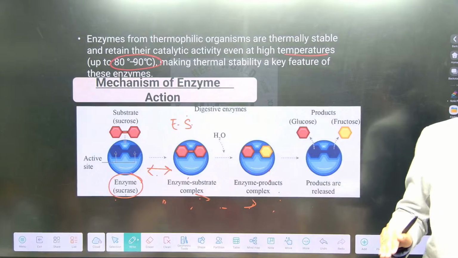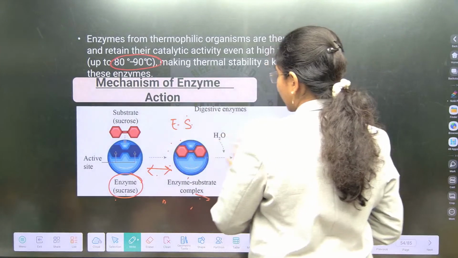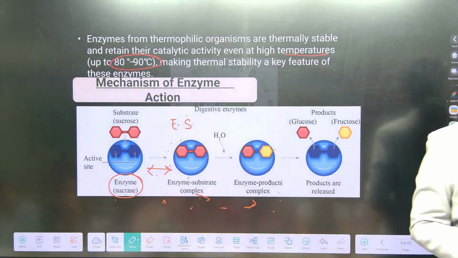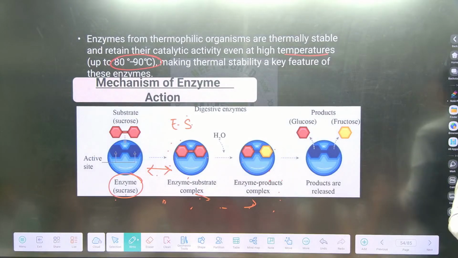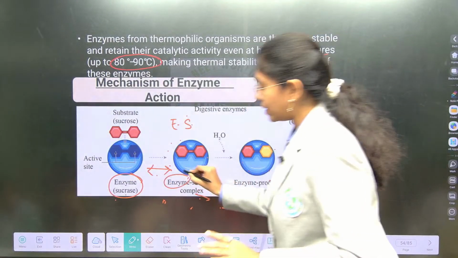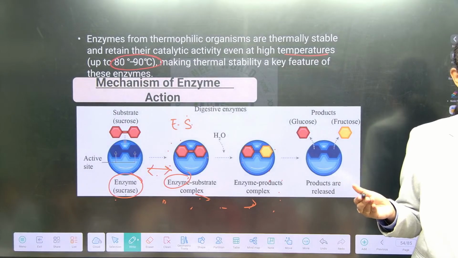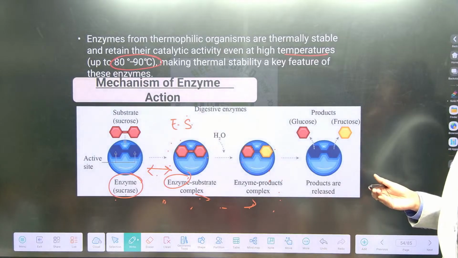The minimal energy required to go from enzyme substrate to enzyme product is known as activation energy. Minimum energy is required in the presence of enzyme. In the absence of enzyme, maximum energy is required, that is transition energy. Understood the difference between transition and activation?